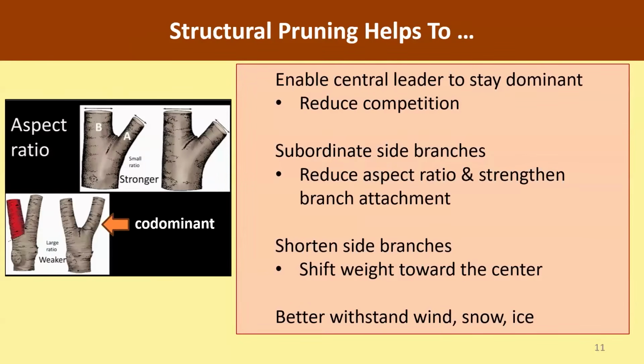So structural pruning helps to do these things. It enables the central leader to stay dominant and allows it to grow strong and faster. It reduces the competition and subordinates the side branches. What happens is, let's pretend we have a tree with a co-dominant situation, and let's pretend the left branch is our central leader, that through structural pruning we are giving a more favorable condition to grow faster and better.